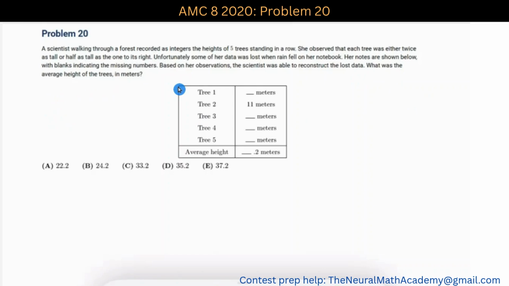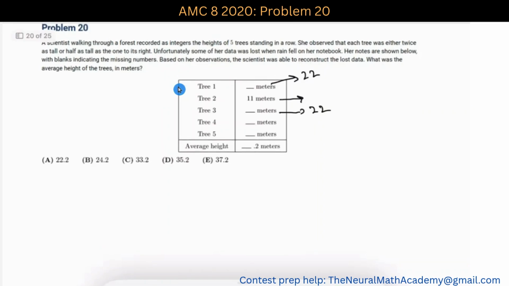So a couple of things that we need to keep in mind. The recordings were all integers that she did. So based on that, if tree 2 is 11, then tree 1 should be 22, and tree 3 is also 22. Now we can have multiple possibilities for tree 4.